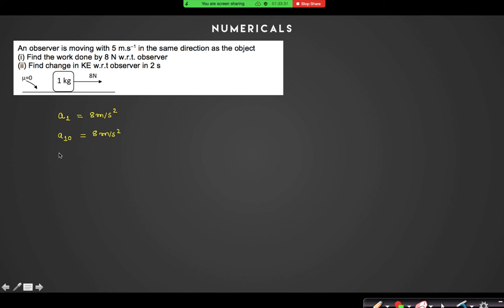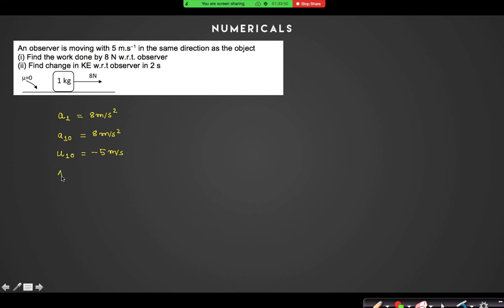And what is the initial velocity of the block with respect to the observer? Minus 5 meter per second. Yes, it is 0 minus the observer velocity, which is 5. So it is minus 5 meter per second.